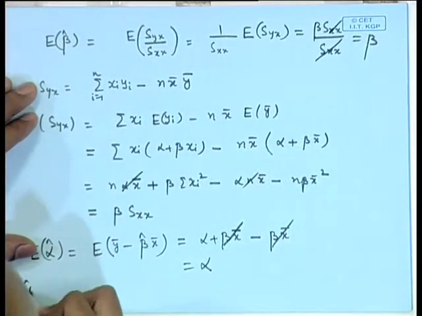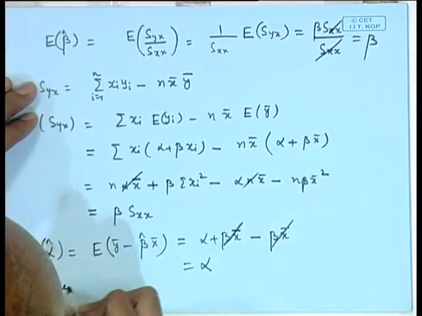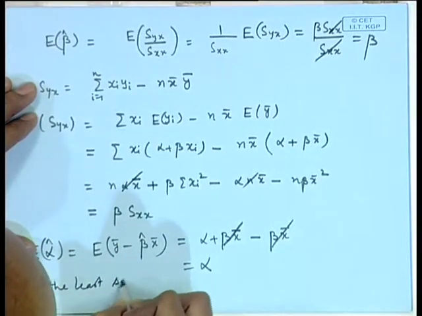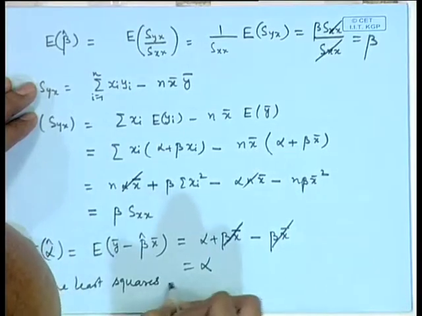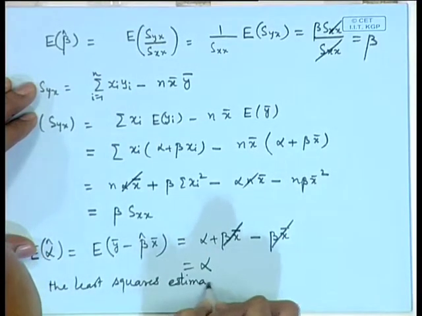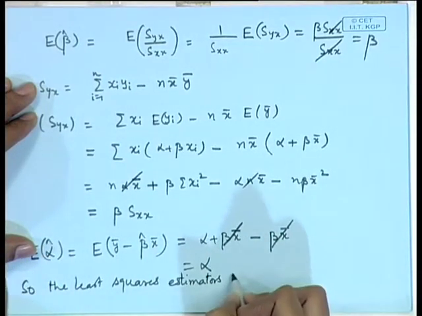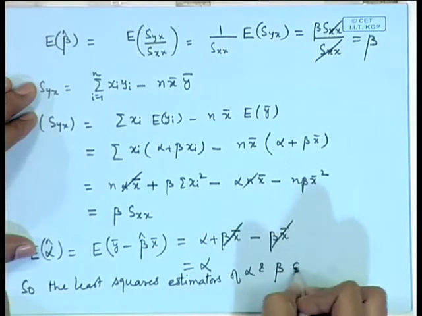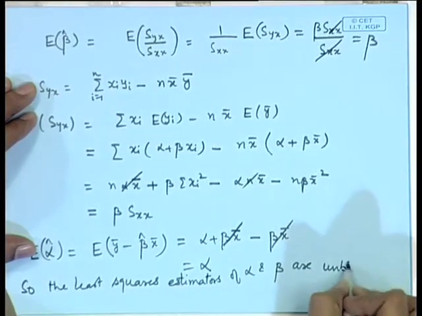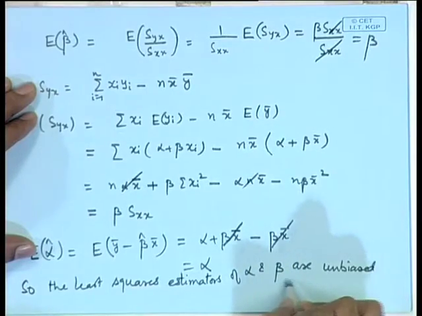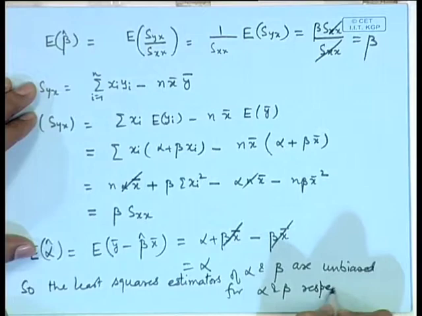So, the least squares estimators of alpha and beta are unbiased for alpha and beta respectively.